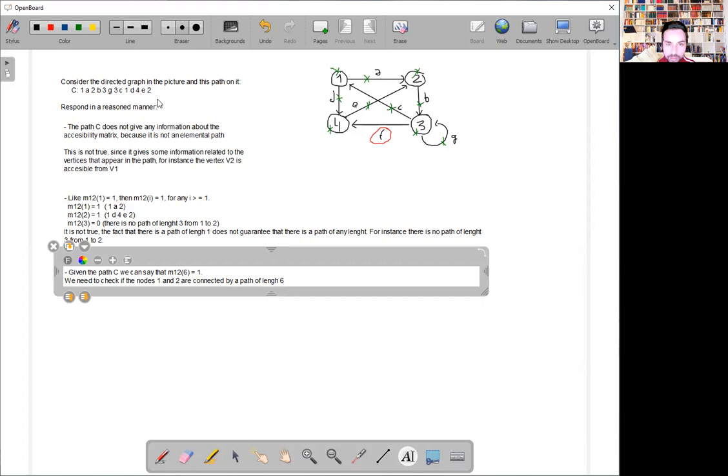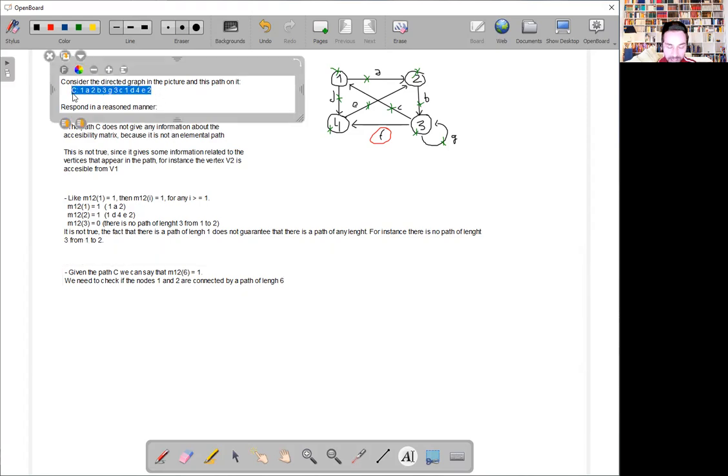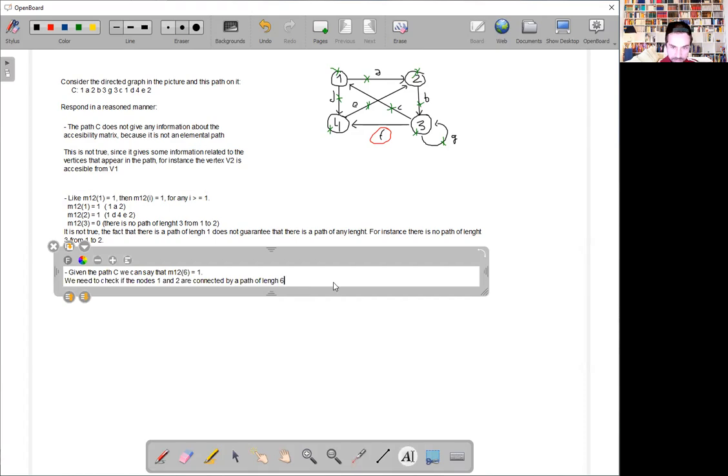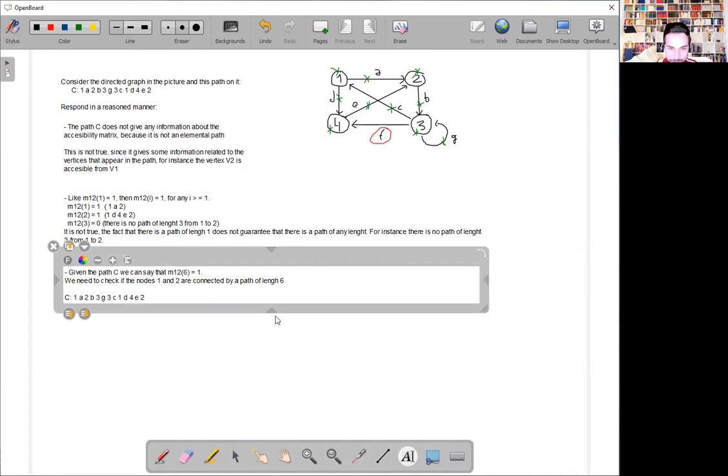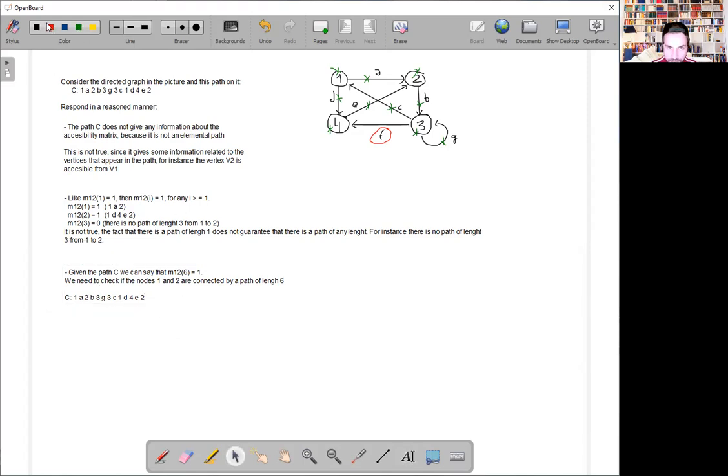So if we come back to the path, we see that the nodes 1 and 2 appear here. Well, I'm not going to take this one into account because this is only length 1, right? So in this case, this is the first vertex of the path, which is B0.